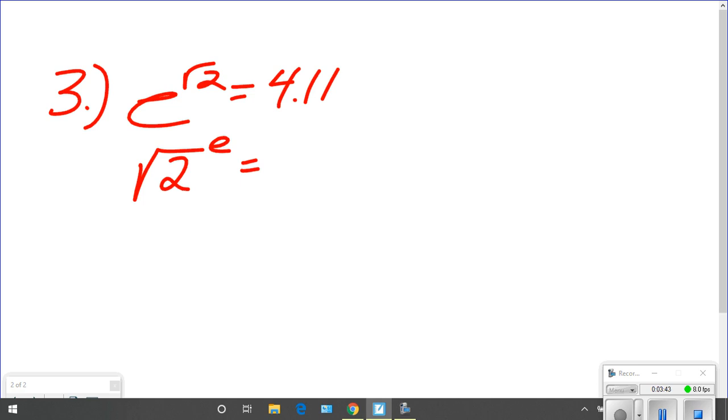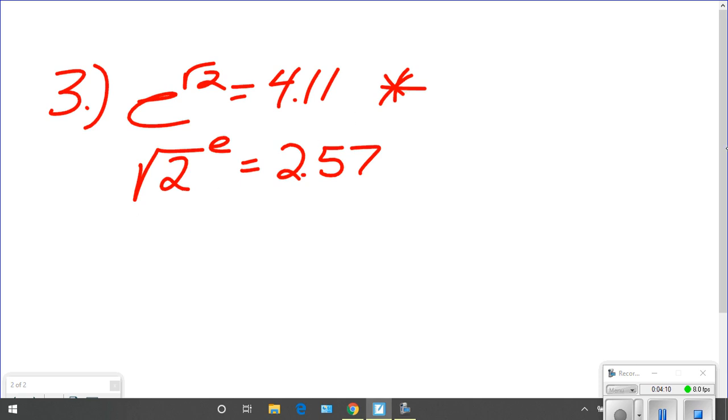You may have to close it twice. And then take it to e to the first. And that's about 2.57. So the question on number 3 was, which one is bigger? It's e to the square root of 2. So that was kind of fun to do. I mean, I thought it was.